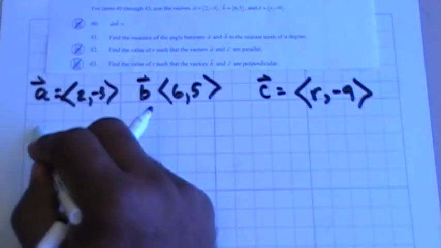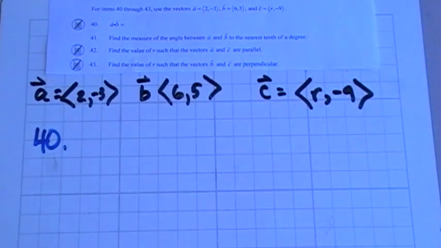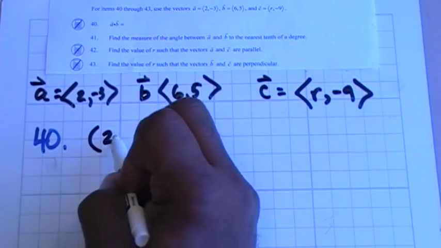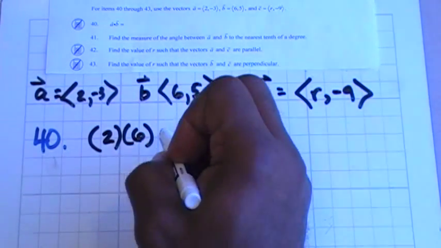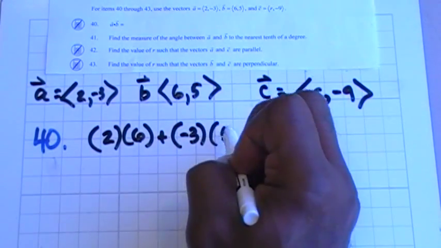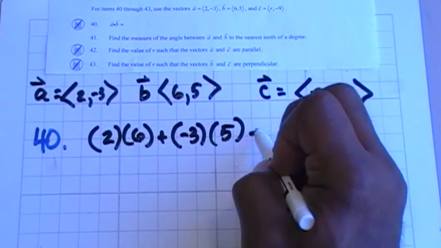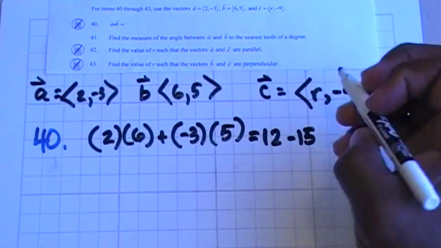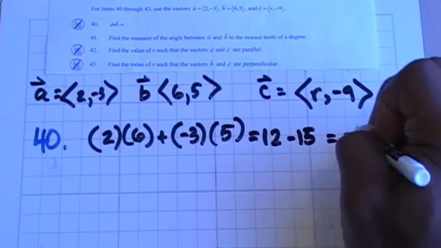All right, so for number 40, we have 2 times 6 plus negative 3 times 5. All right, that's going to give us 12 minus 15, which is negative 3.